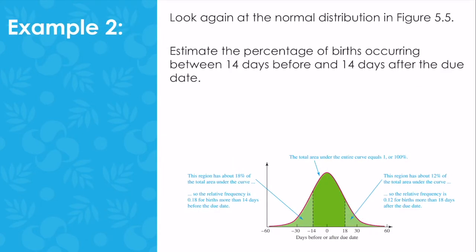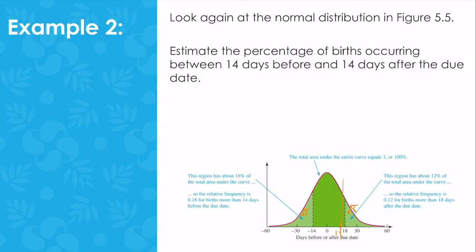So let's look again. What if I wanted to estimate the amount of births between 14 days before and 14 days after the due date? Well, I know that 0.18 occur before 14 days, and because it's symmetrical, that must mean that 0.18 occur after.